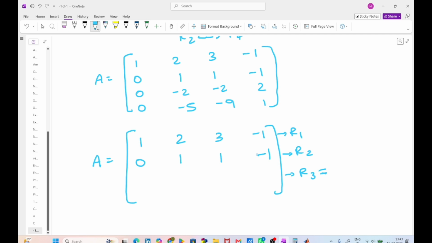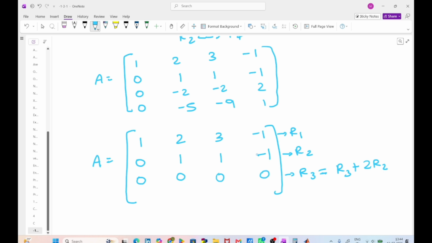This is minus 2; if it becomes plus 2, then it would be 0. Simply write R3 plus 2R2. This is 0, minus 2 plus 2 is 0, minus 2 plus 2 is 0, and then 2 plus 2 into minus 1, which is minus 2, so 2 minus 2 is 0.